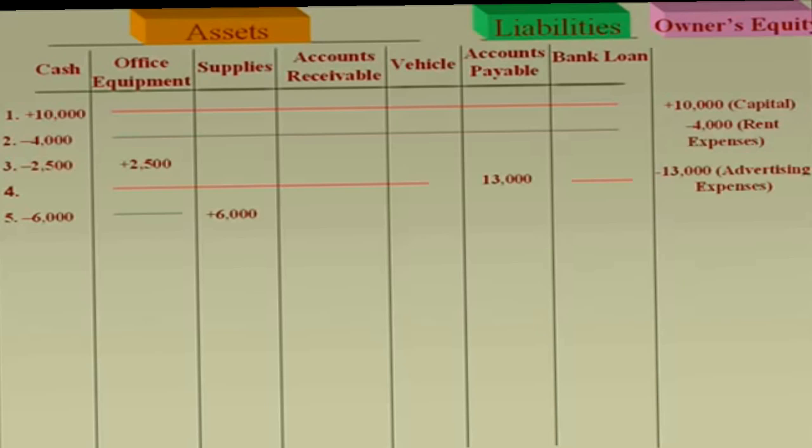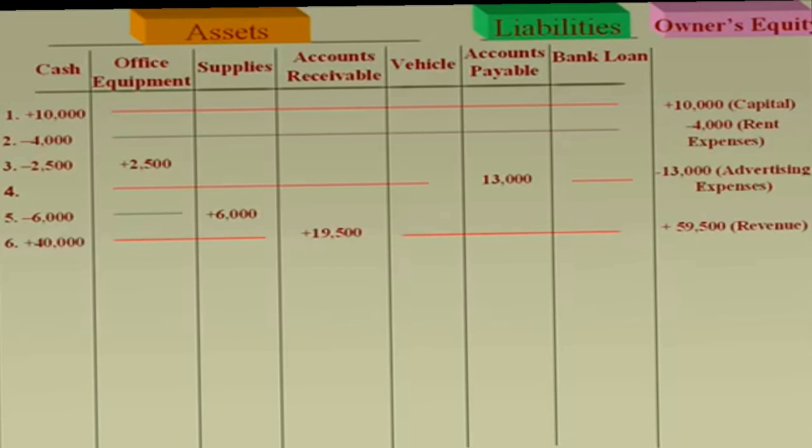You provided 59,500 worth of service. So revenue goes up 59,500. You collected cash 40,000. So cash is plus 40. The other 19,500, your customer owes you. So accounts receivable should be, guess what?